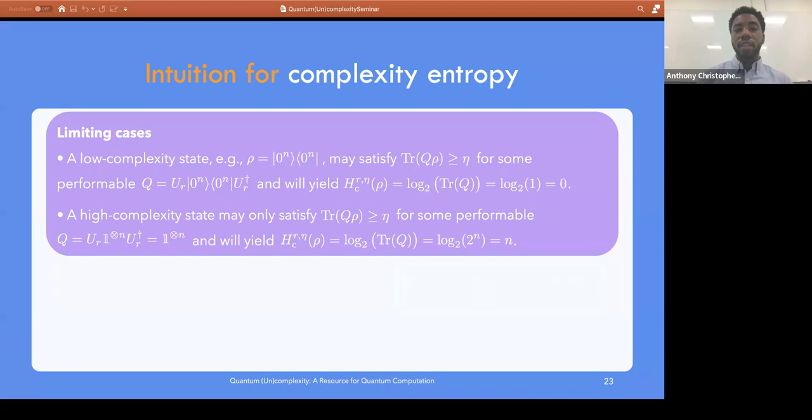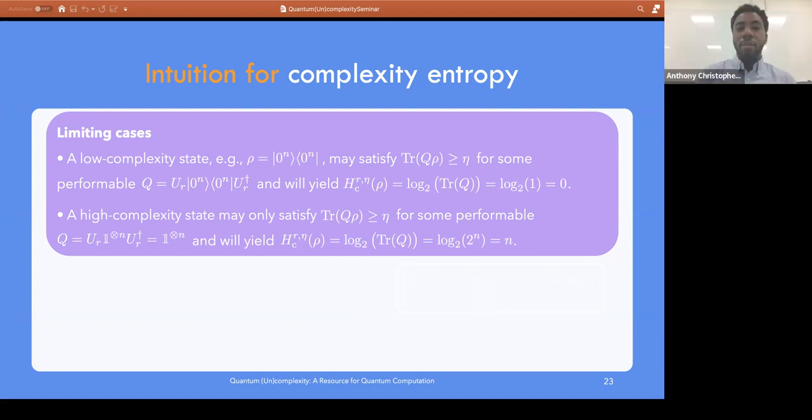So the idea is that if I have a state that's very low in complexity, like the all-zeros state, then I don't need to do very much in order to get it delta close to the all-zeros state. Perhaps I may have to do nothing at all, right?